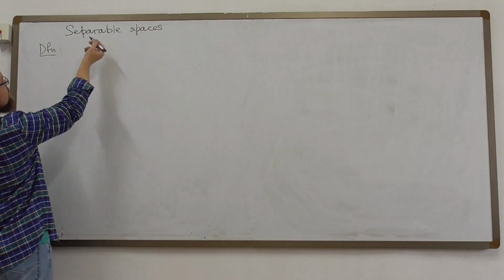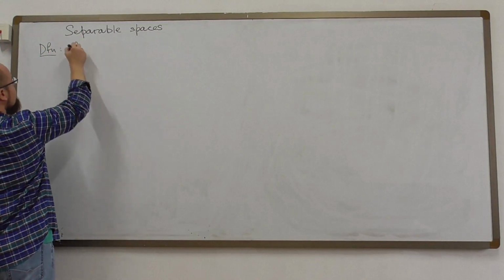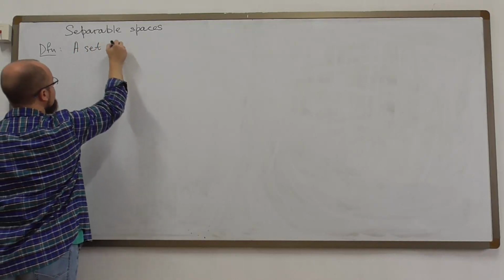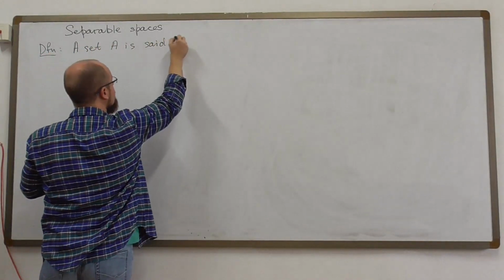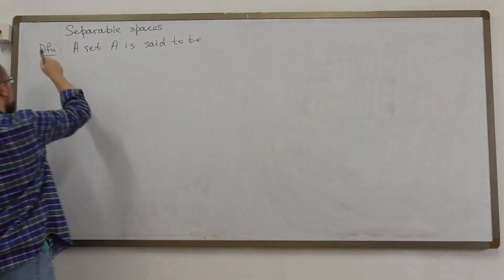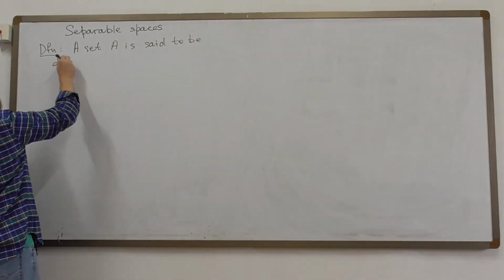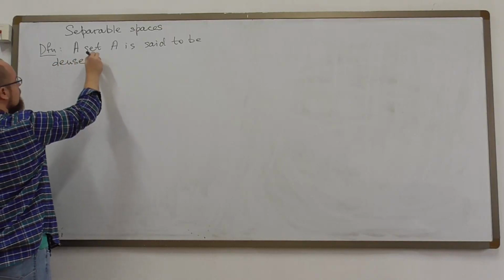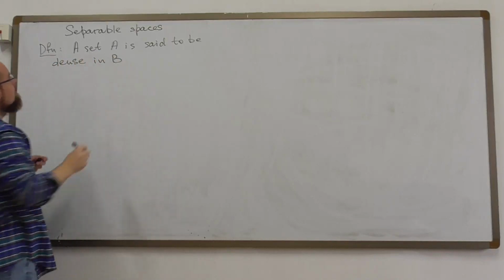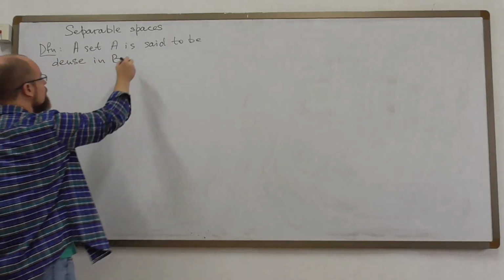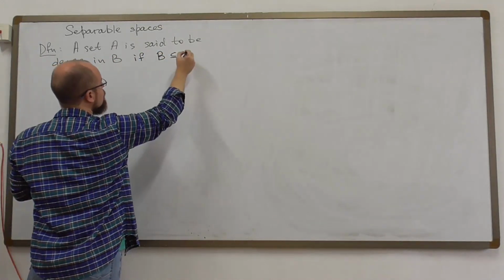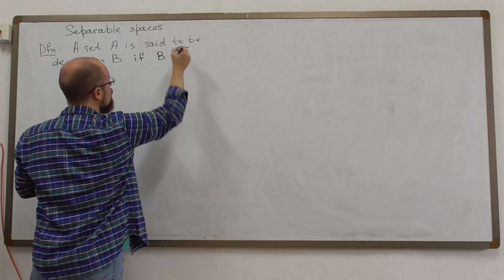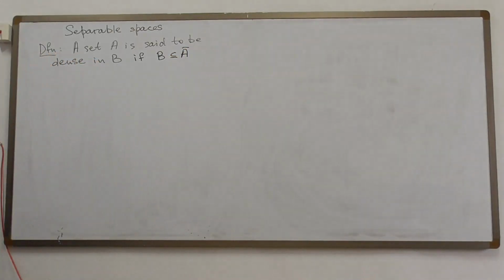If we have two sets, then a set A is said to be dense in B if B belongs to the closure of A.